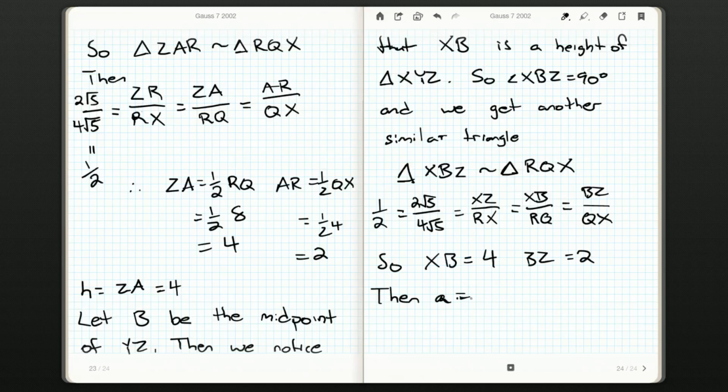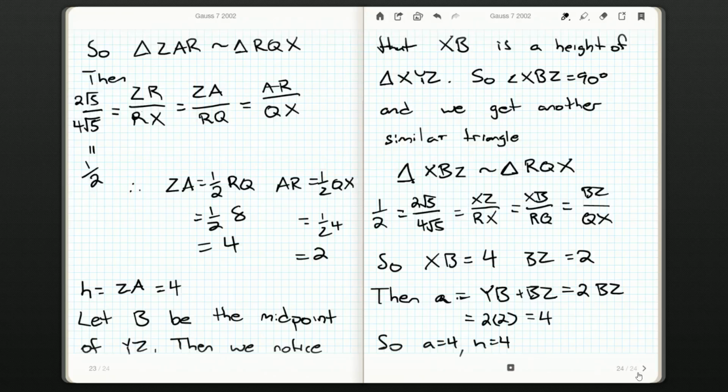So side length A is actually going to be YB plus BZ, which is 2 times BZ since B is the midpoint. 2 times 2, which is 4. So A is 4, H is 4.